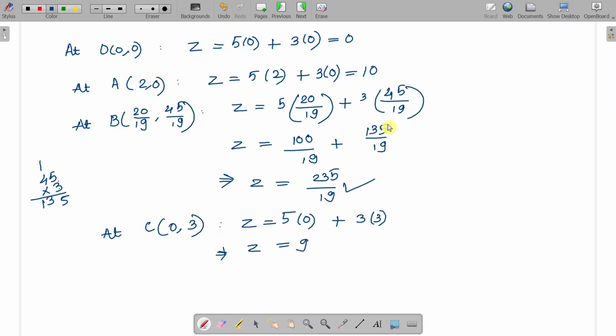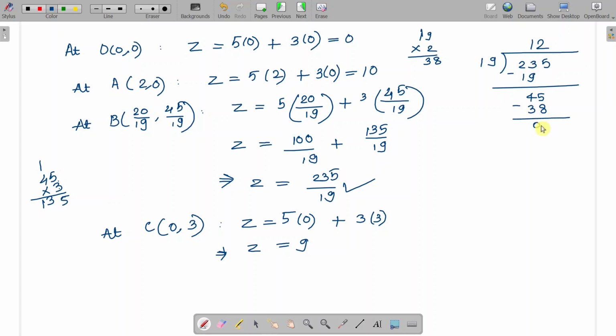So the maximum, it looks like, is this. Let us check, because this is in fraction. Let us convert it into a decimal number. 235 divided by 19 is 12 point something, which is greater than all these z values, right?